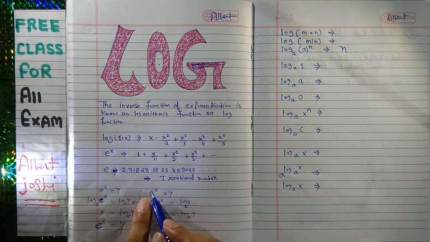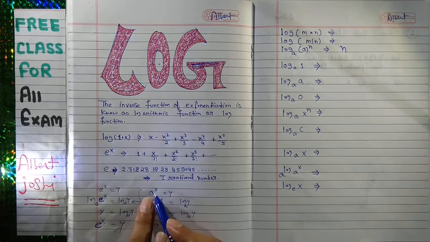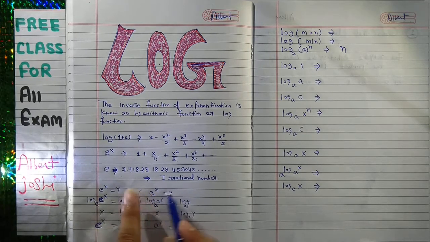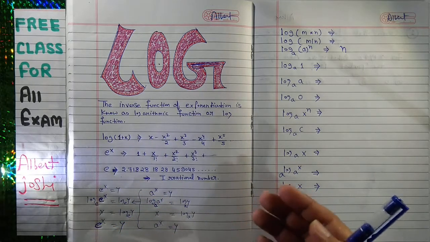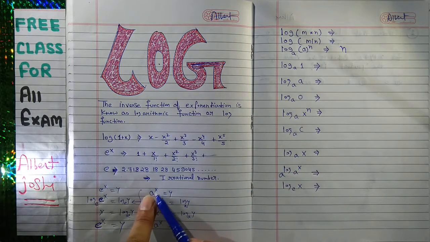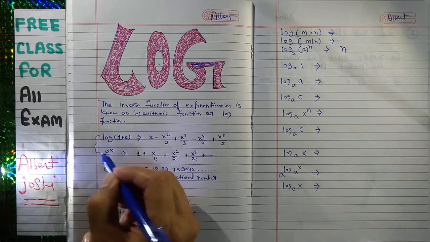Whenever you are writing a to the power x and we want to know the value of x, then you have to use this log. Whenever there is a power in a trigonometric function, or whenever you are doing integration or differentiation and you have such a problem, you will take log both sides and then you can solve the problem. So this is the relationship between log and e.